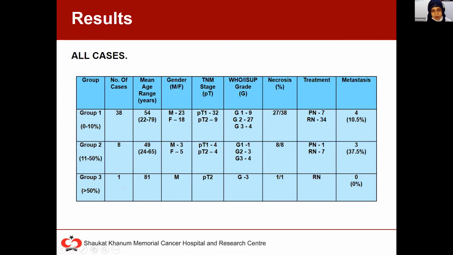In group 3, there was only a single case. It showed tumor necrosis, but no distant met was observed in this group 3. In this table, we can see as the percentage of tumor necrosis is increasing, the percentage of metastasis is also increasing accordingly, the sole exception being group 3.